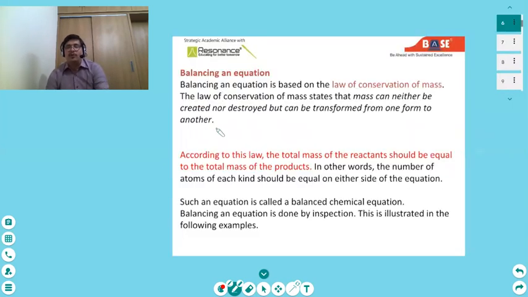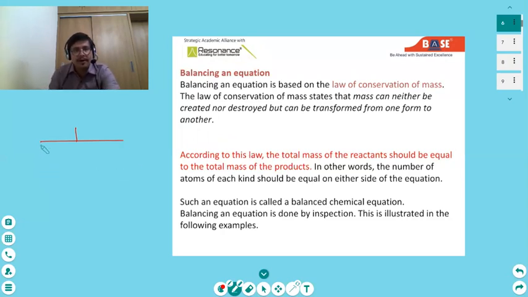So next we are going to do balancing of equations. So balancing, you know what? Suppose you go to market to buy something. Suppose this is the weighing balance. Suppose mango season is there, you try to go and buy mango.